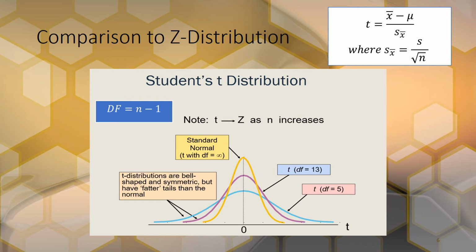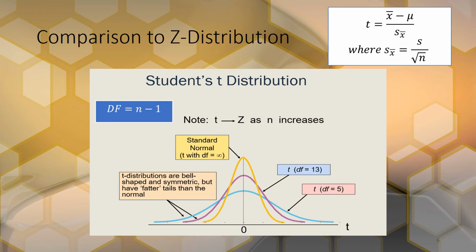The higher the degrees of freedom, the more the t-distribution looks like a z-distribution. And the degrees of freedom are n-1. So also, the higher the sample size, n, the more your t-distribution looks like a z-distribution. So the blue is a t-distribution with degrees of freedom of 13 and has the fattest tails out of these three.